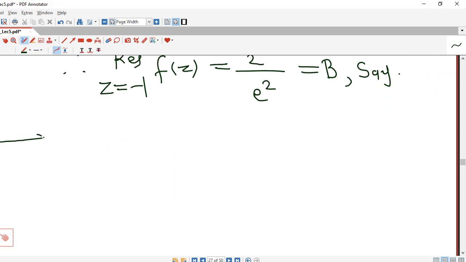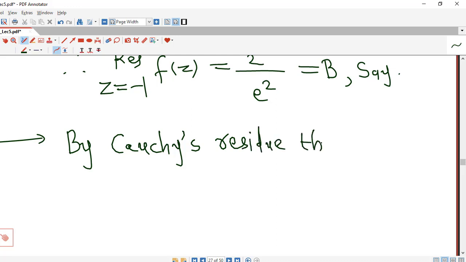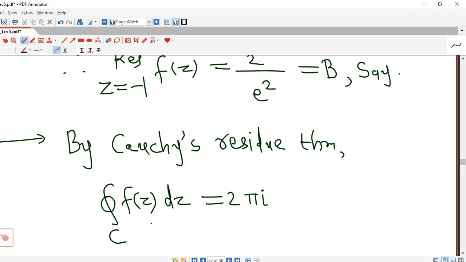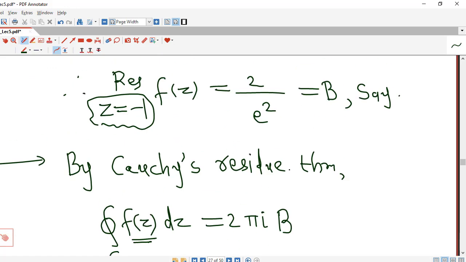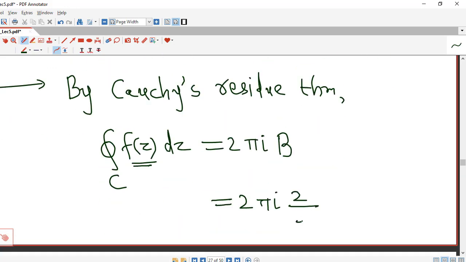Now we can apply Cauchy's residue theorem. So by Cauchy's residue theorem, the integral of f(z) along the given ellipse equals 2 pi i times the sum of residues of f(z) at isolated singularities inside C, and here there is only one isolated singularity inside the ellipse, and the residue at this point is denoted by B. So we have 2 pi i times B, and we substitute the value of B, which is 2 divided by e squared.